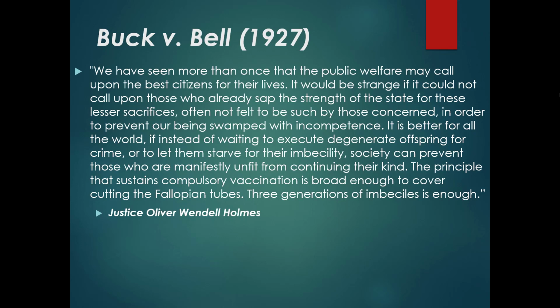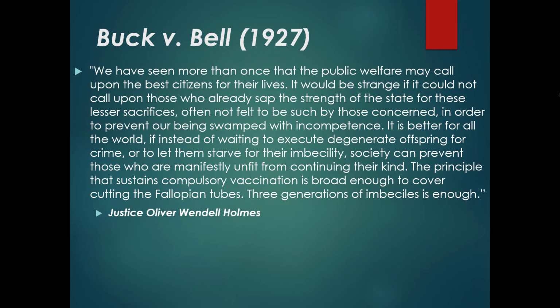It is better for all the world if, instead of waiting to execute degenerate offspring for crime, or to let them starve for their imbecility, society can prevent those who are manifestly unfit from continuing their kind. The principle that sustains compulsory vaccination is broad enough to cover cutting the fallopian tubes. Three generations of imbeciles is enough."